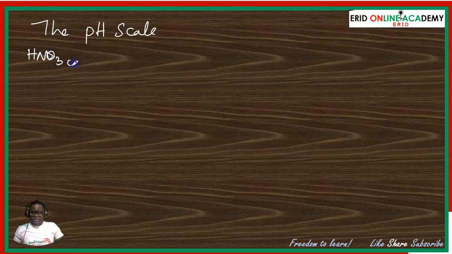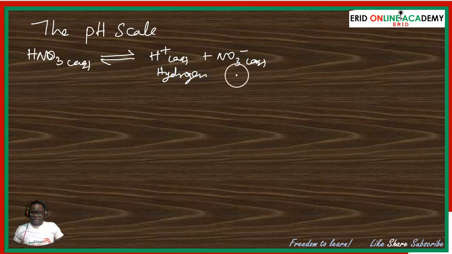If nitric acid dissolves in water, it's going to produce hydrogen ion plus nitrate ion. This is hydrogen ion plus nitrate ion. Remember the negative part and the positive part. Okay?